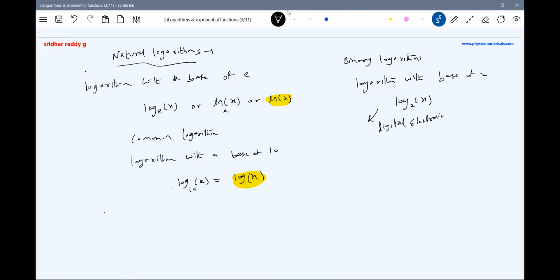So this logarithm, this one, is used in mathematics. This is what we prefer in physics.